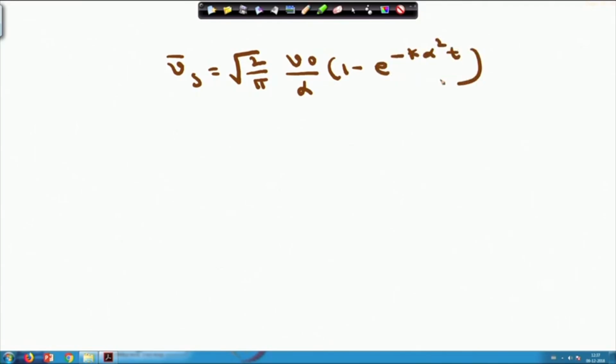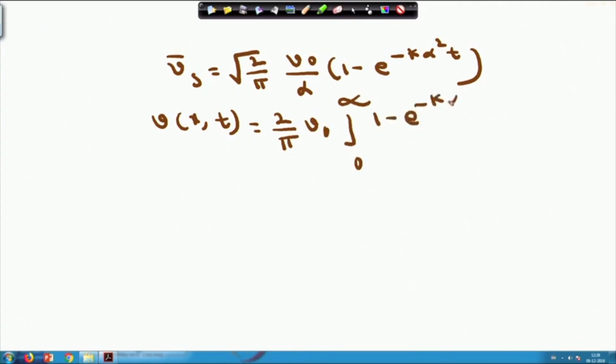And once I have obtained v̄, I can find v(x,t) also. This v(x,t) equals 2/π v₀ ∫ from 0 to infinity of (1 minus e^(−kα²t))/α sin(αx) dα.